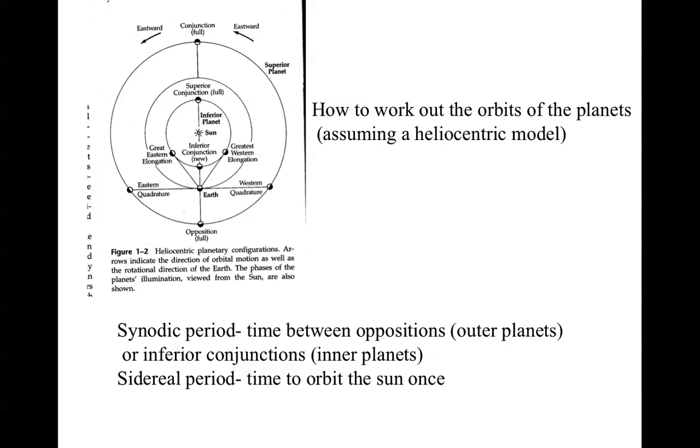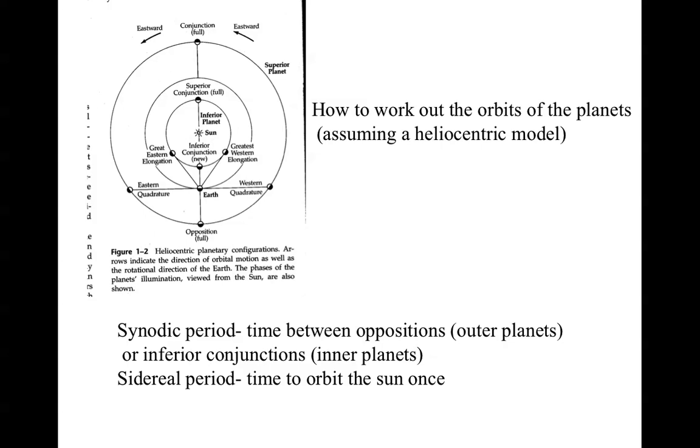So it's this planet transiting then at midnight, or inferior conjunctions in the case of the inner planets, where the planet and the Earth and the Sun again are aligned, but the planet is directly in front of the Sun. The sidereal period, on the other hand, is the time it takes a planet to orbit the Sun once, that is, to be from the Sun's perspective in front of the same star again as it was on its last orbit.